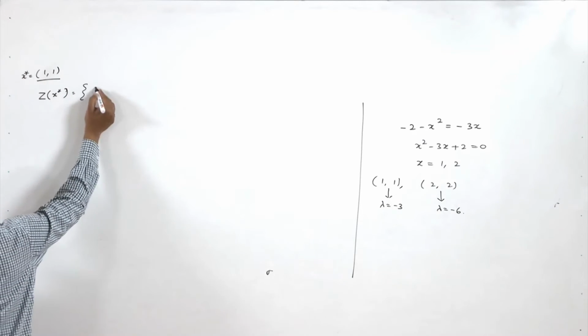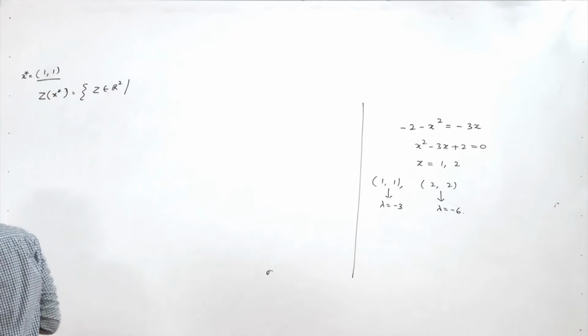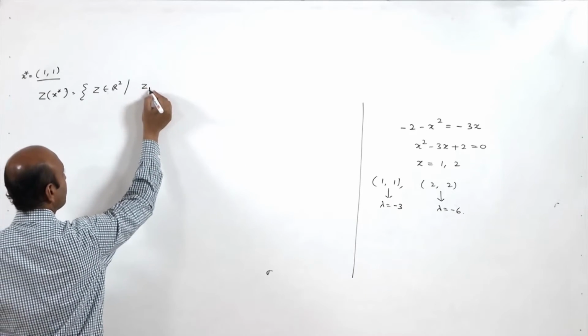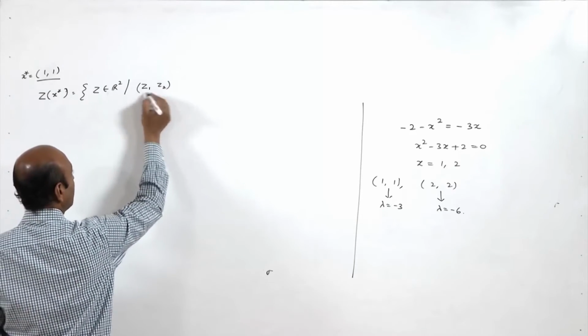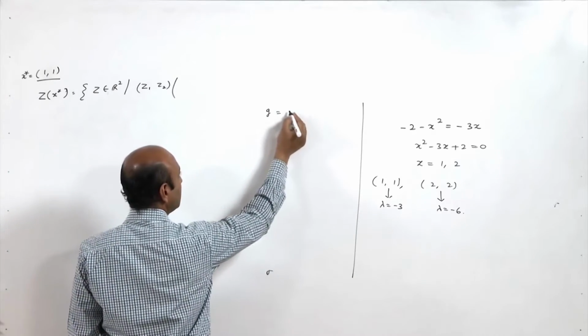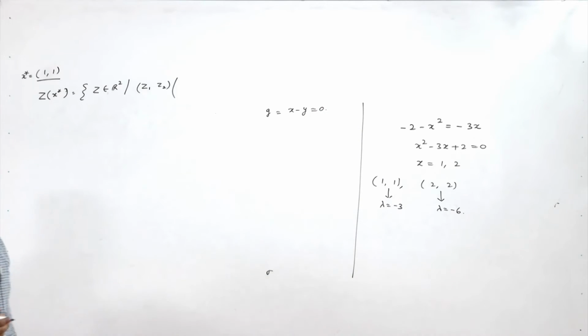We will find all those Z belonging to R2 here, because n is 2, such that Z transpose, meaning Z1 Z2, and gradient of G1. What is G here? The constraint is x minus y equal to 0.